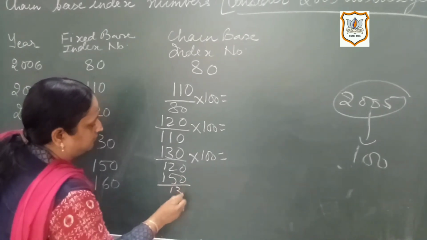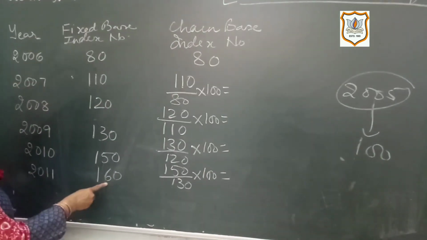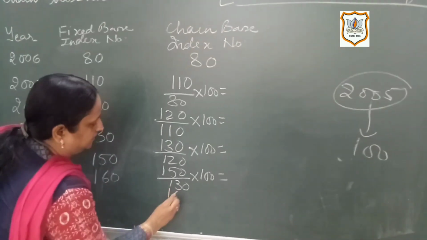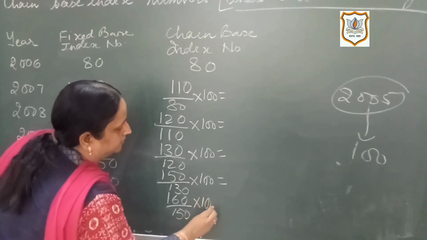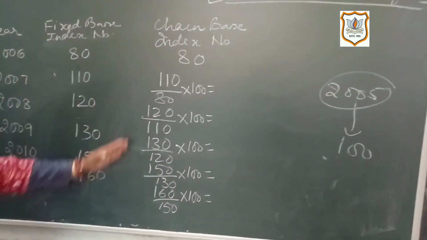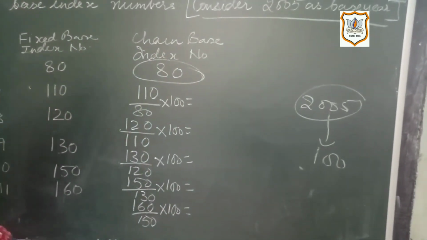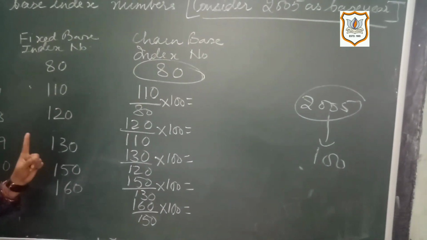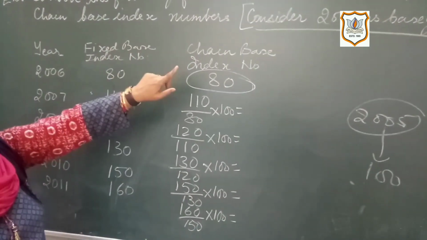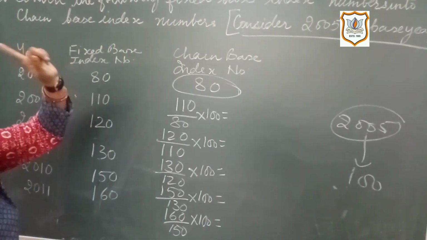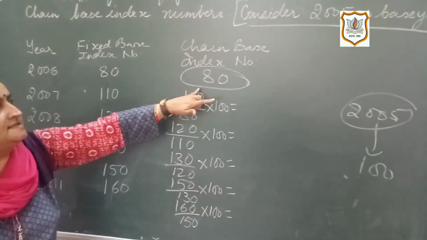So 150 upon 130 into 100. 160, previous is 150. So 160 upon 150 into 100. See, the other method is same, only the difference was in the first value. In the previous example, base year was not given, so we kept it as 100. Here the base year is given as 2005. So for 2005 it will be 100, but here for 2006 it will remain the same.